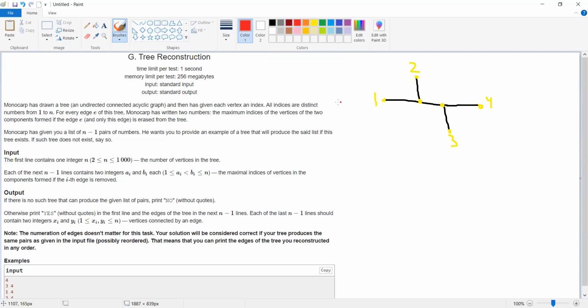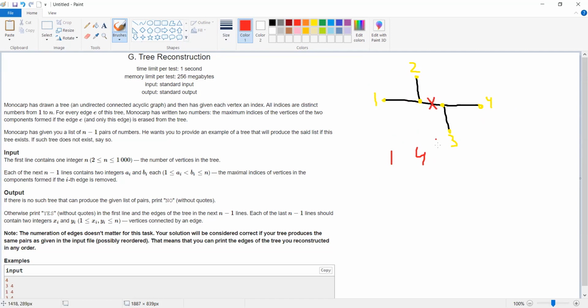Once we delete any of the edges, we write the maximum number in each part. For example, if I delete this edge, then on the left side the maximum number is 1, and on the right side the maximum number is 4. So I will have 1, 4.